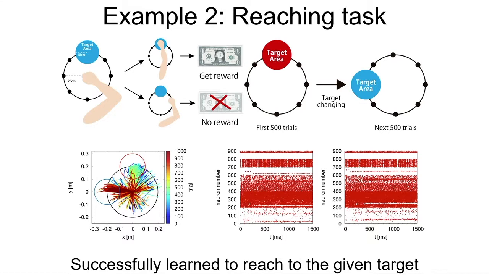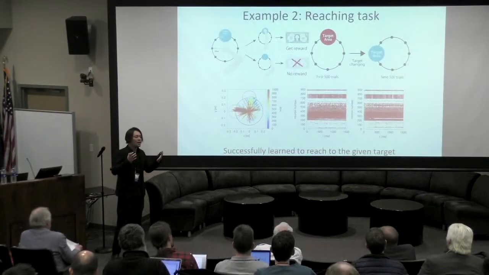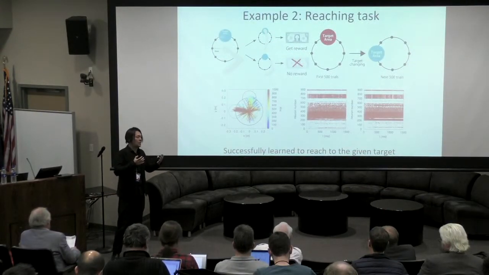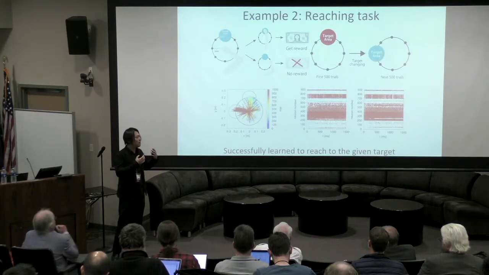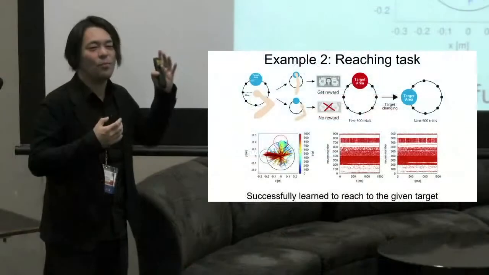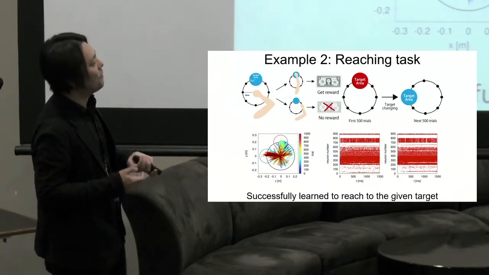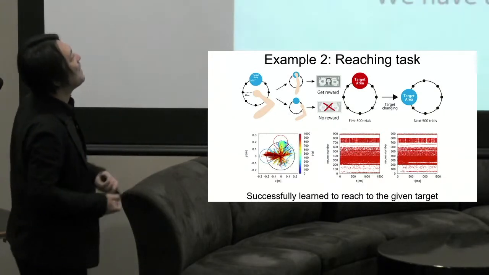And these are, again, raster plots of the spiking activity of the basal ganglia model. This result shows that even if the target position changes during the learning, the agent continuously learns the correct target position. So it's very nice.